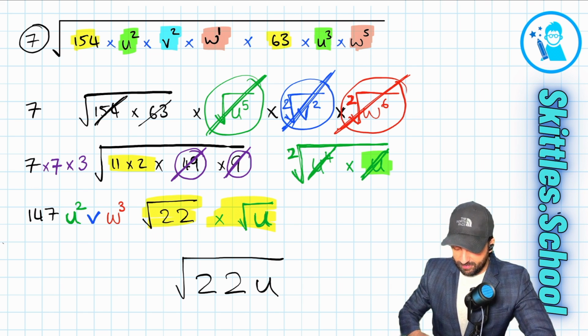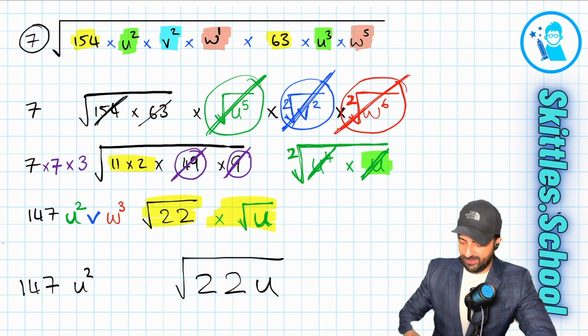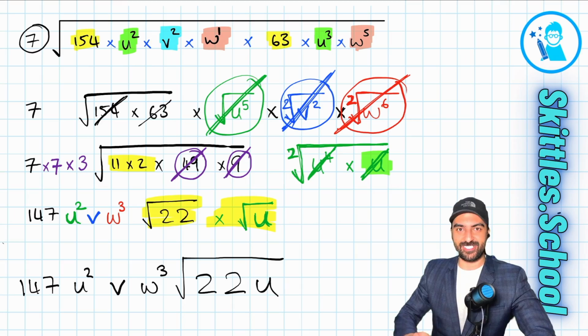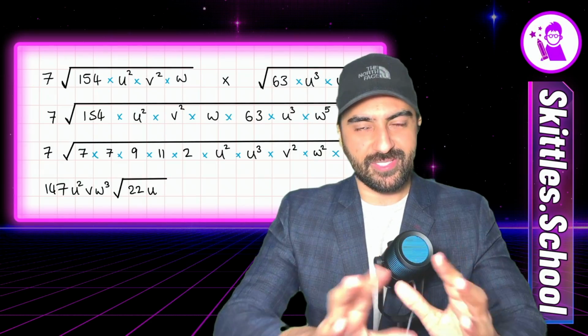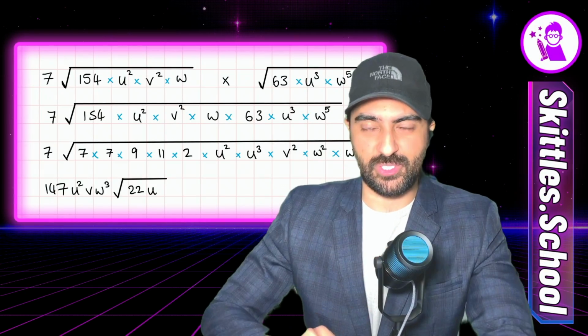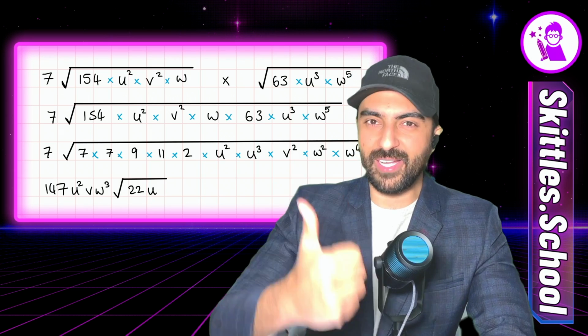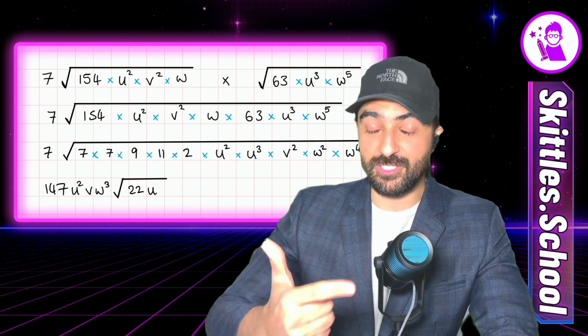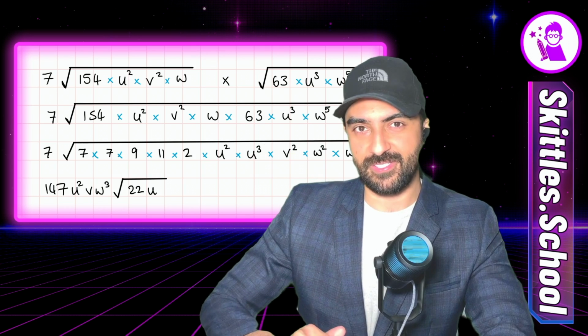So we still have the 147, we still have the u squared, we still have the letter v, and we still have the w to the power of 3. And that is the answer. And that is all it takes. The key skills which I used in this question were factor decomposition, simplification of indices, and simplification of surds.